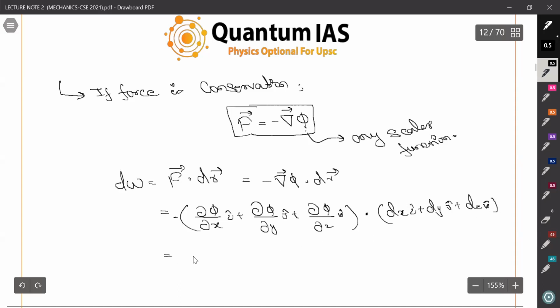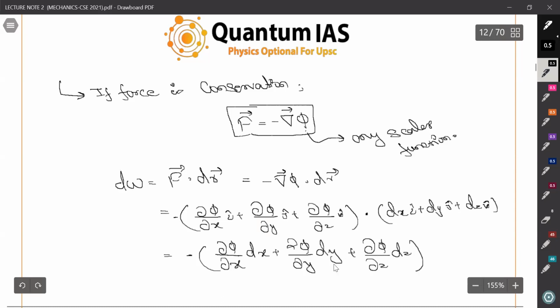So we can simply write it as minus, taking the dot product, del phi by del x dx plus del phi by del y dy plus del phi by del z dz. And what can we write it as? We can write it as minus d phi.